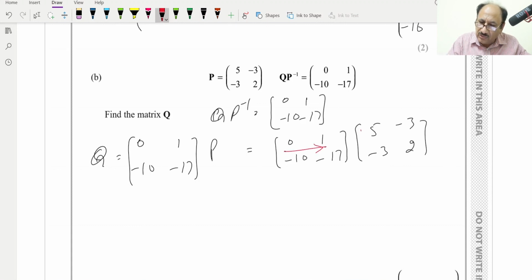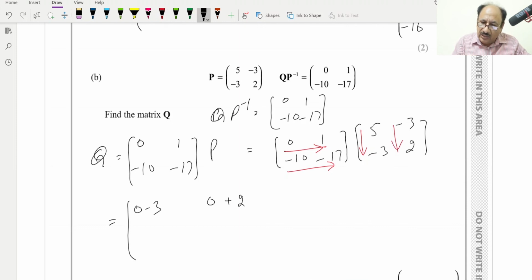Now we have to do the multiplication, first row first column, and this will be equal to 0 into 5 and minus 3. So this will be 0 minus 3, and the second one will be 0 plus 2, and third one will be now we can take the second row and first column and then second column.